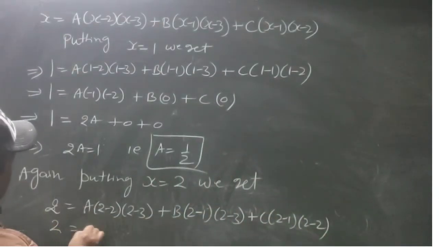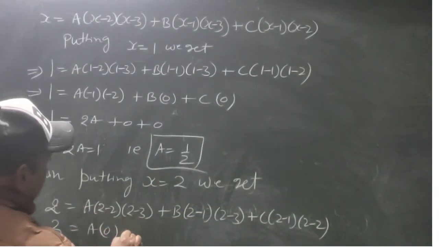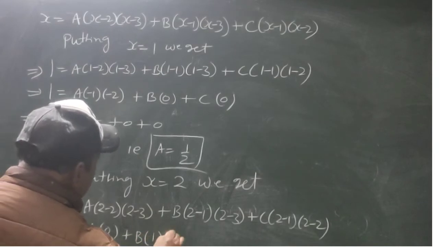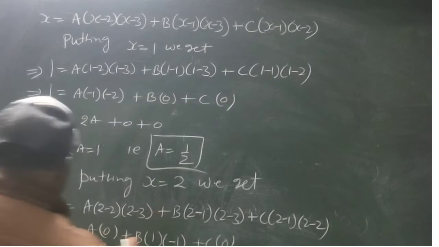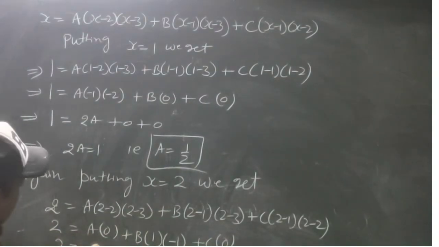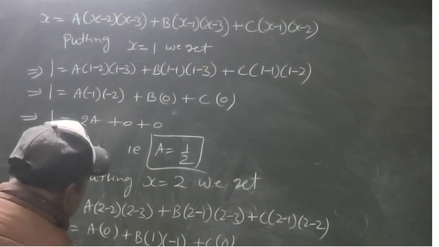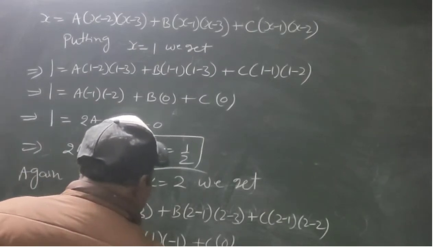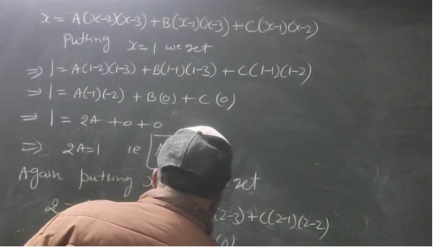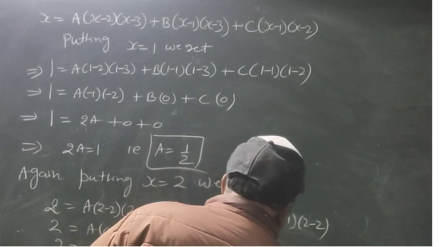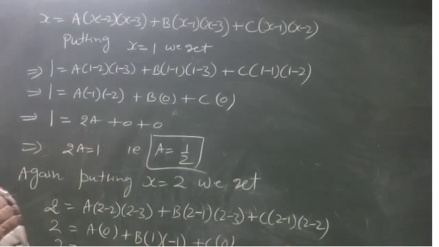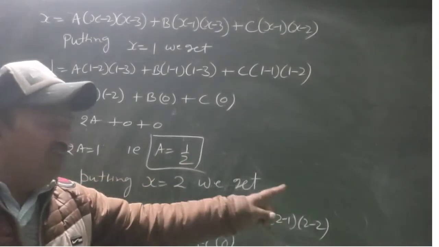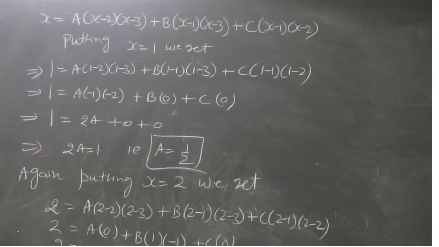That becomes 2 is equal to A into 0 plus B into 1 into minus 1 plus C into 0. It becomes 2 is equal to 0 minus B plus 0. Therefore minus B is equal to 2, so B is equal to minus 2. This is the value of the second constant of this partial fraction. A is equal to 1 by 2 and B is equal to minus 2.